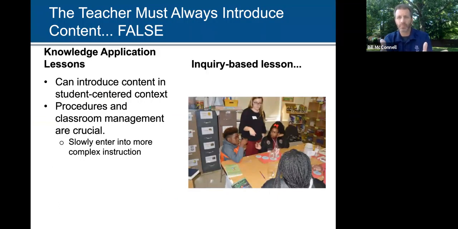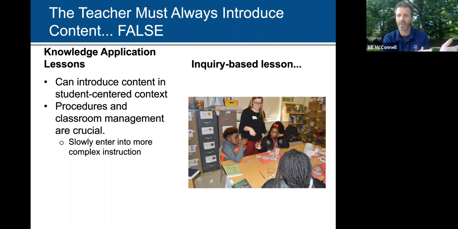One thing I want to start right off with is the beginning of chapter 5. It was really implied by Marzano that teachers always have to introduce content. But we know from several research-based instructional models, for example, the 5E model, the teacher facilitates an experience where the students are introduced to the content through the experience instead of a direct instruction lecture model, or any of the models in the chapter that were talked about in direct instruction.